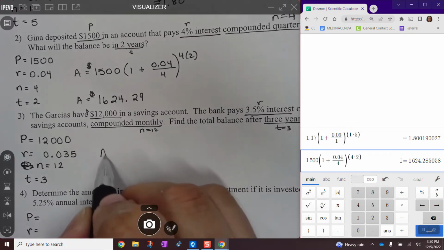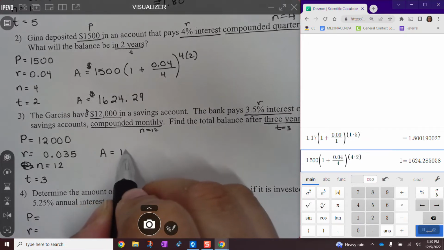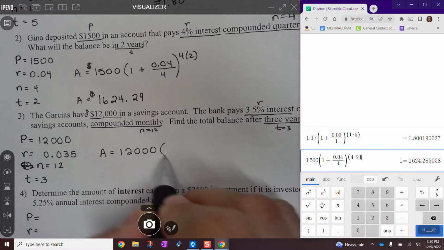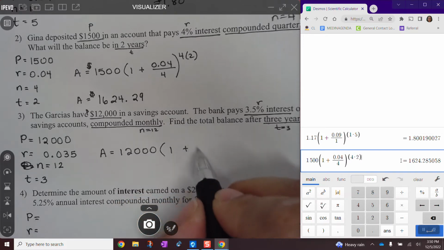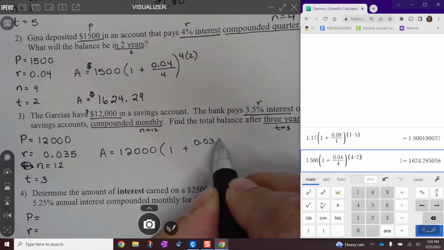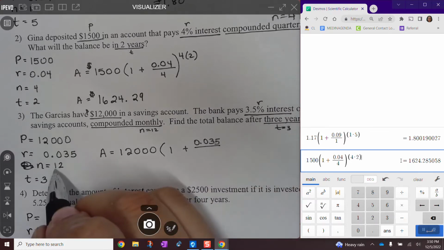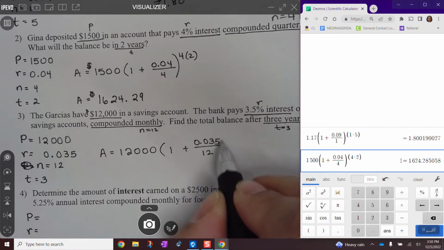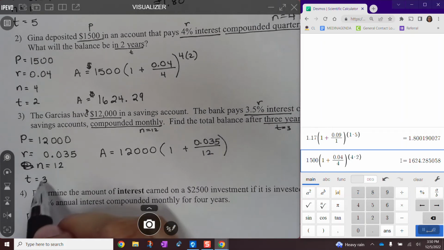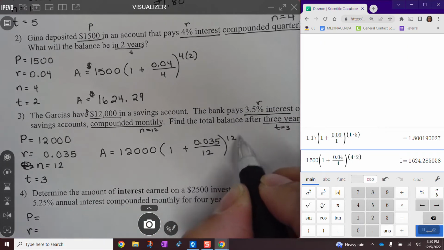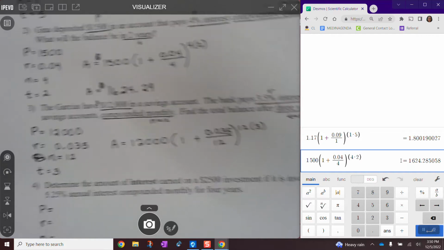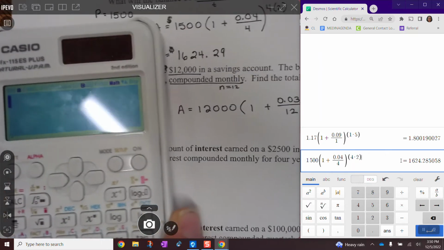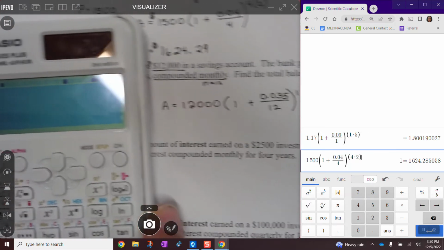Okay. So the balance is going to be the initial amount, 1 plus the rate over the compounding times, which is 12, raised to 12 times 3. Like I said, you use decimals, you can use your calculator.